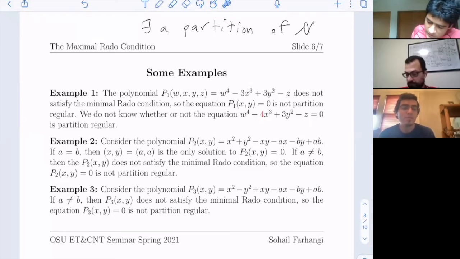So to see that this is not partition regular, the only detail that I skipped over in my explanation on the last slide is to show you that the only Rado partitions of this polynomial consist of singletons.